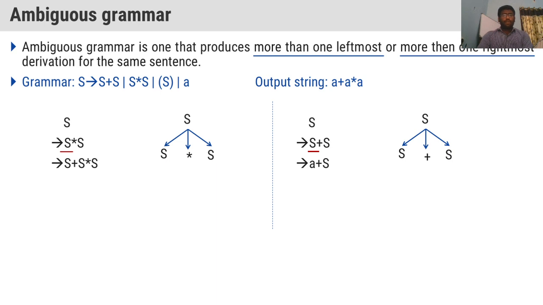So on the first LMD, observe, the leftmost S is replaced with S plus S. Second LMD is replaced with small a.